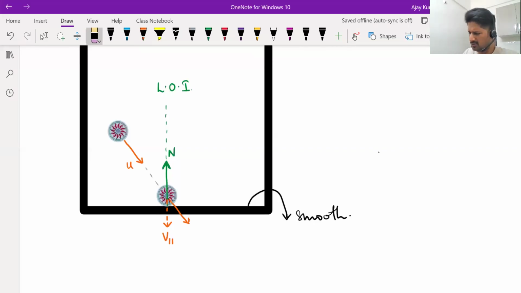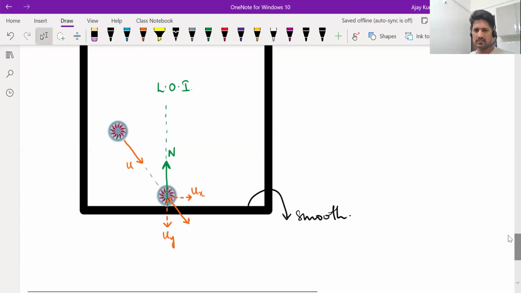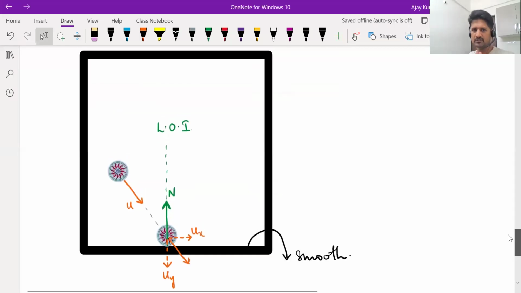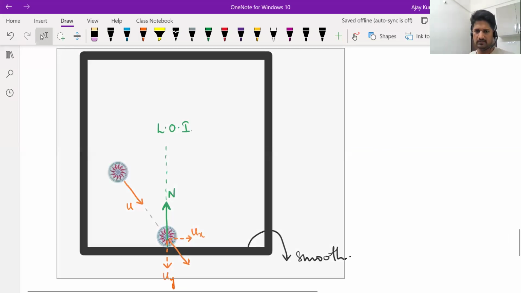For now I can call it Vy also, or since the initial velocity is U, I'll call it Uy. The other component, perpendicular to the line of impact, is like this, Ux. This is just before collision, when normal force starts acting on the carom coin or the striker. We have resolved the velocity into components, that's all. We didn't do anything beyond that.